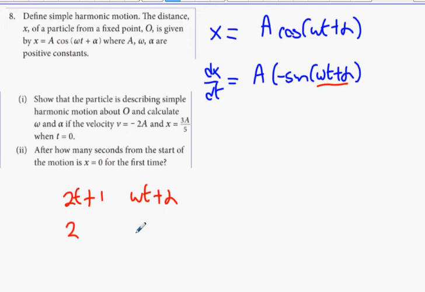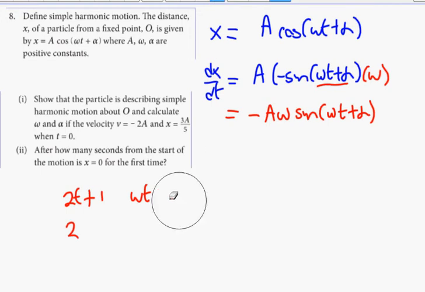Just omega, the number in front of the t. So technically speaking, minus a omega sine(omega t plus alpha). Is that alright? Okay guys, so that's the first derivative.